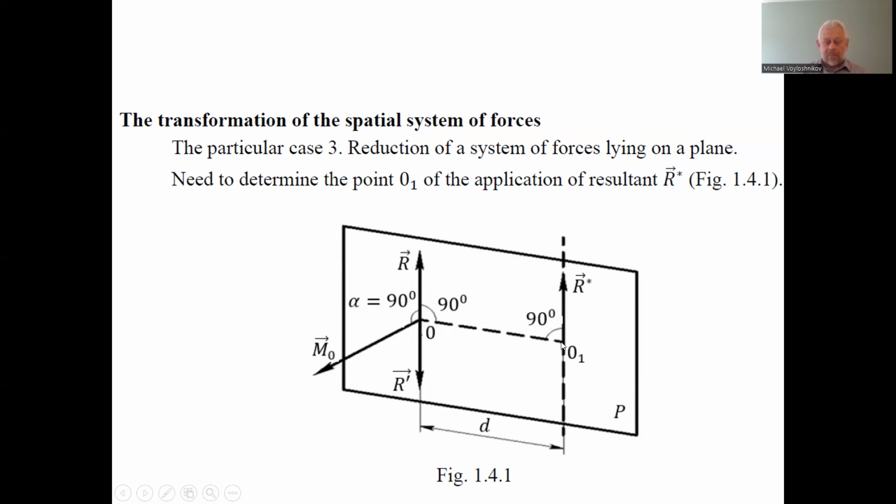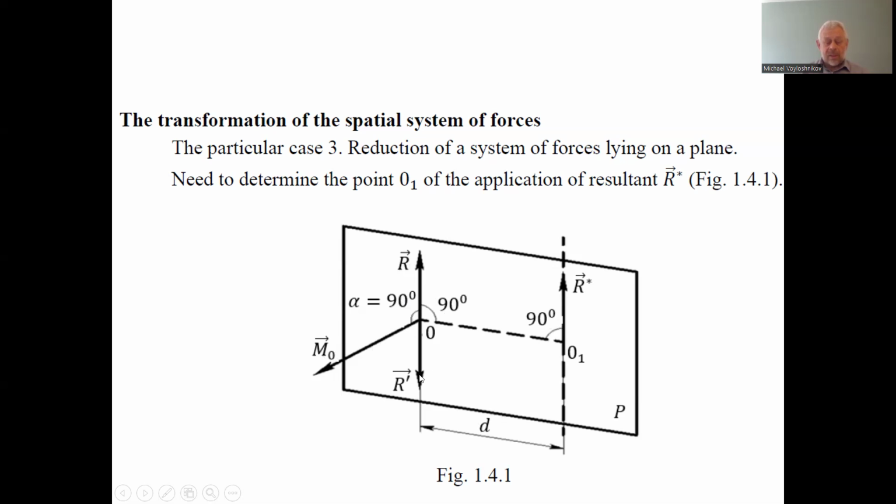If we divide the magnitude of the moment by the magnitude of the force, perpendicular to the direction of the force R from the point O, we can determine the arm of the force R asterisk, which is equal to the distance M0 divided by the magnitude of the resultant R. So we can find another point of application of R asterisk, the main resultant force.